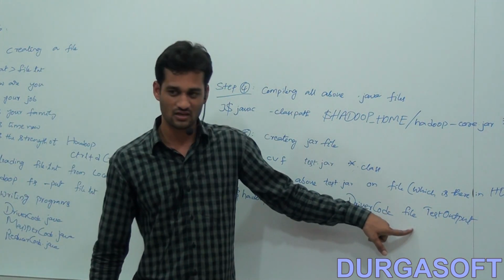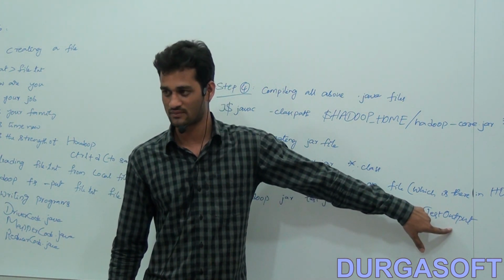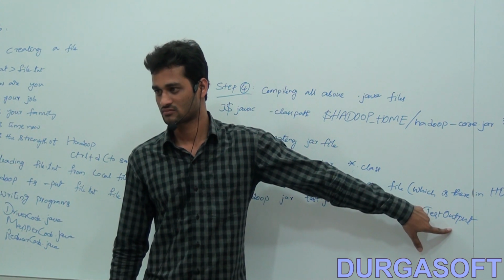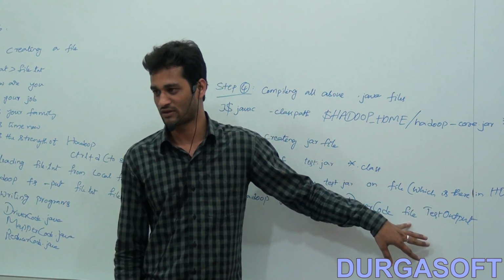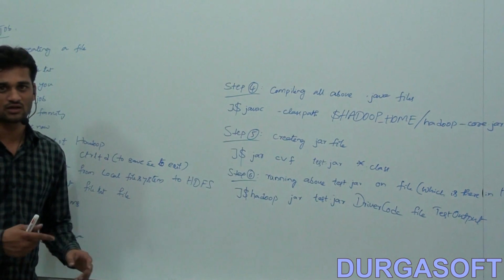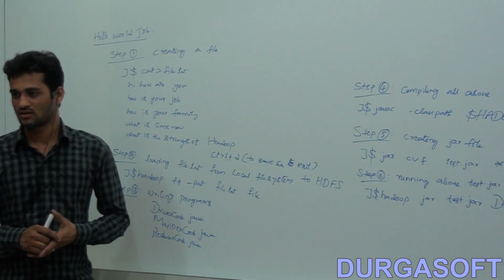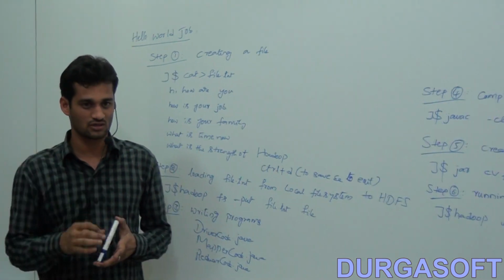The input can be a file or a directory having multiple files, but the output should be a directory only. That directory will give several output files as well as directories, which we will see when we are doing practicals.